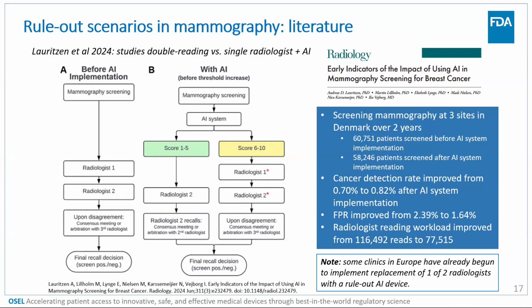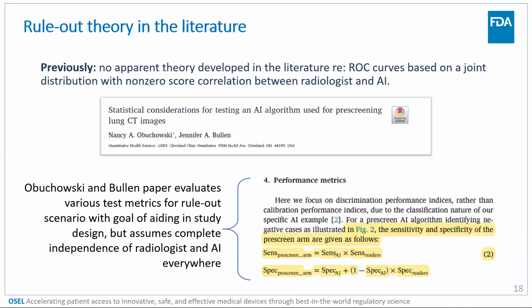And those patients go directly to the second radiologist. And then those with higher scores still have to be read by both radiologists. So in this paper, this was a 2-year study, and they implemented the rule-out scenario midway through and found that a lot of metrics like cancer detection rate, false positive rate, radiologist reading workload improved under this rule-out scenario.